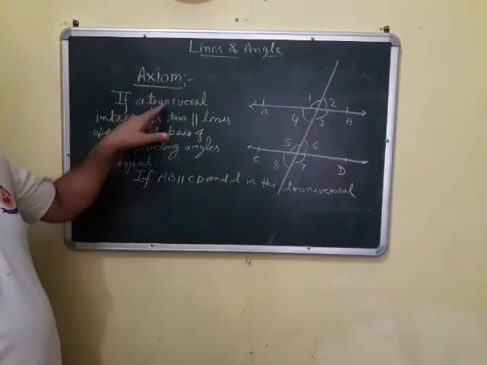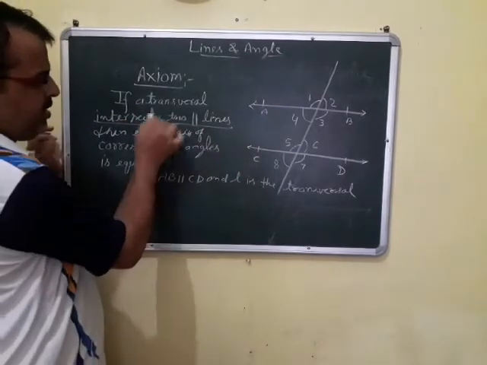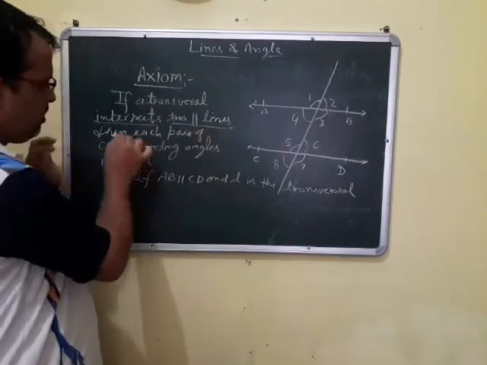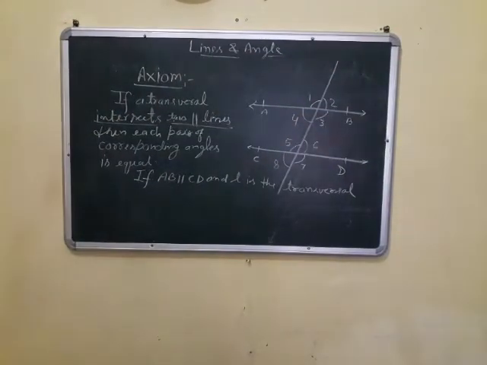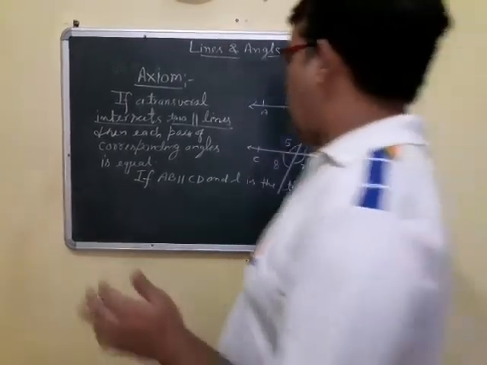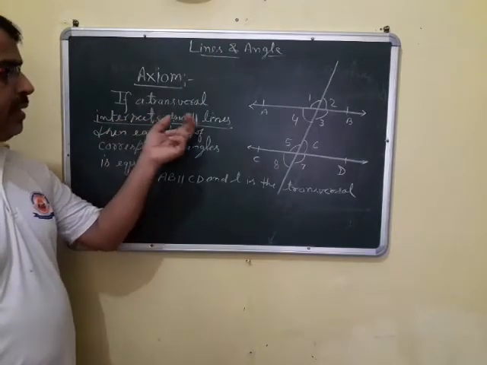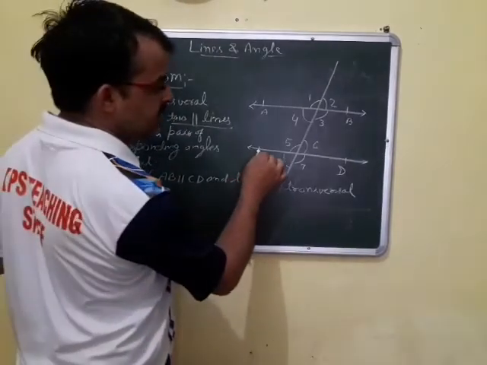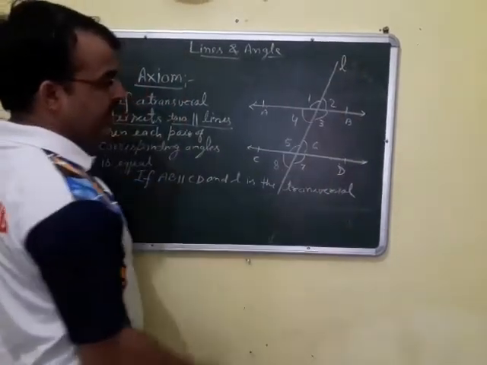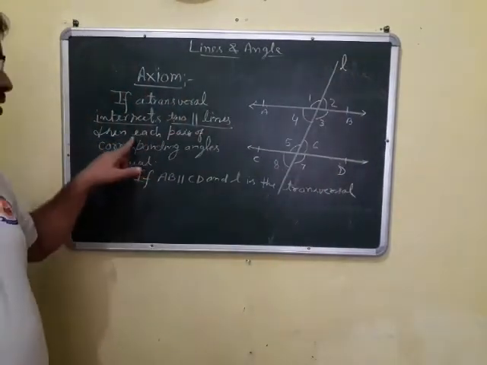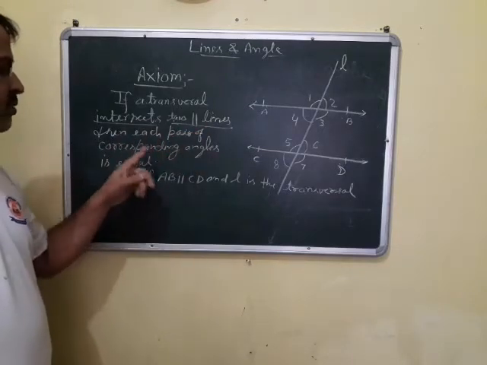If a transversal intersects two parallel lines, then each pair of corresponding angles is equal. Here are the two parallel lines AB and CD, and this one is a transversal line intersecting them. Clear?